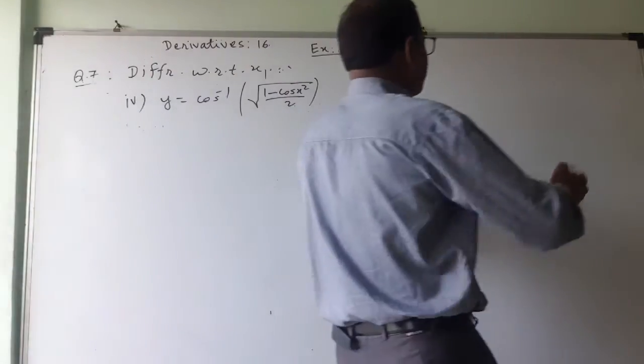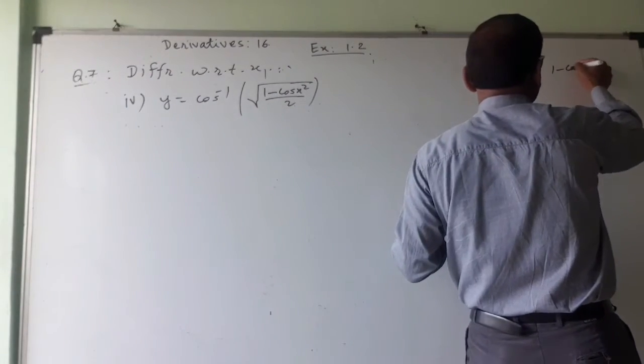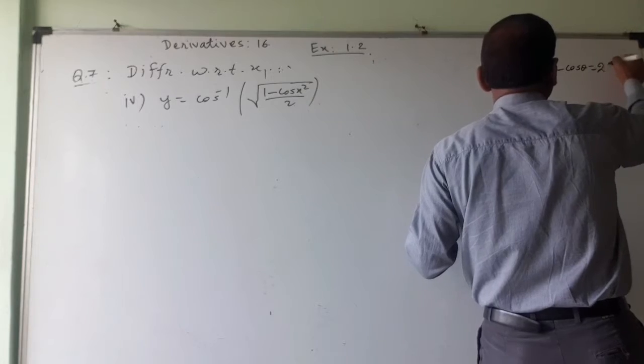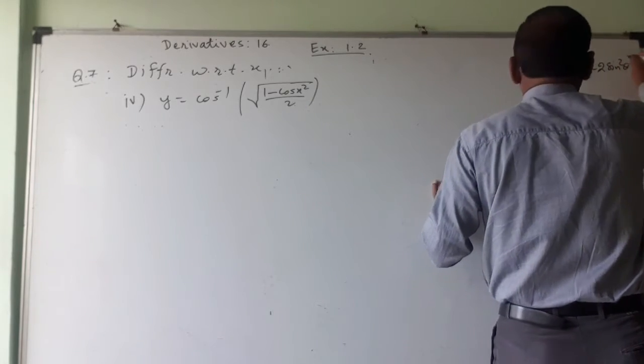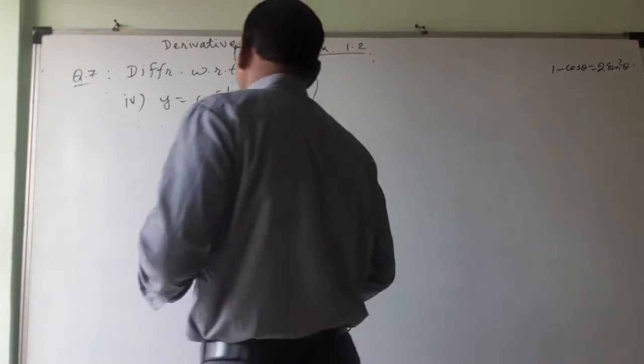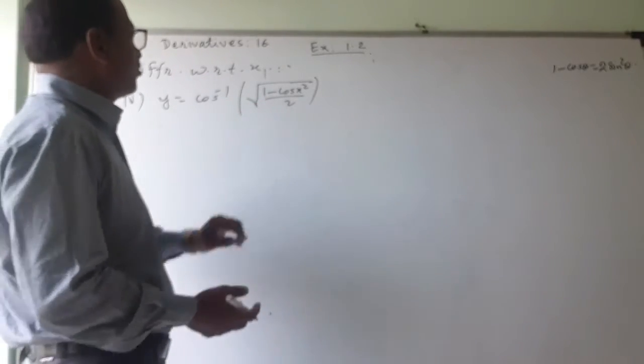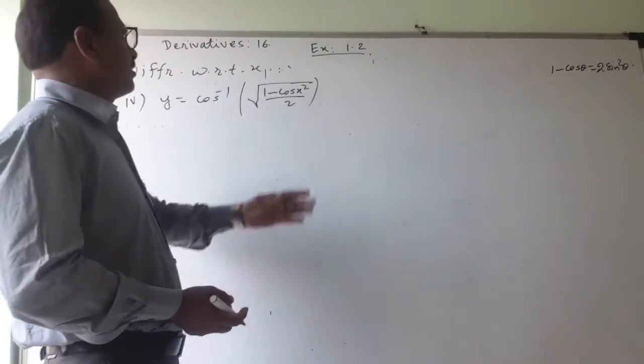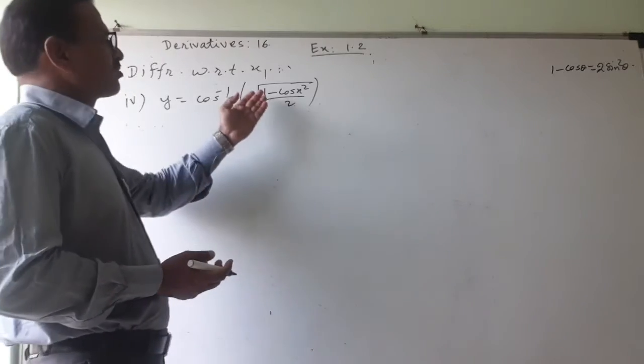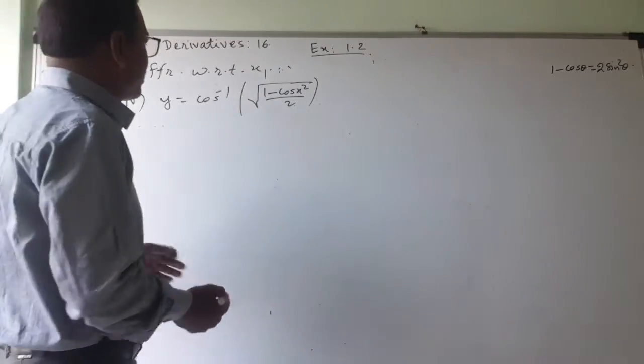What we know is 1 minus cos theta is equal to 2 sin square theta by 2. I have always told that whenever such a root is there, we have to remove it. How to remove these roots? Use the formula 1 minus cos theta is equal to 2 sin square theta by 2.